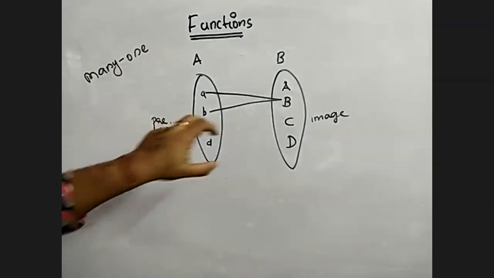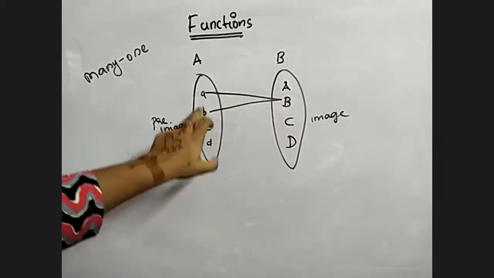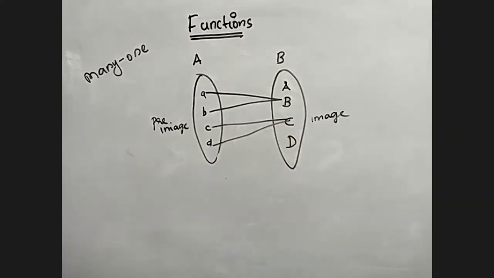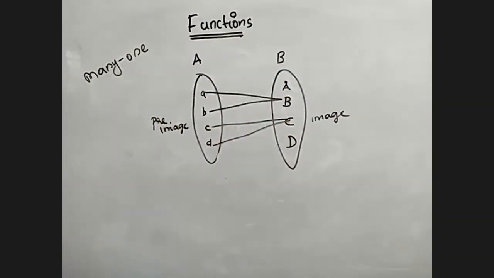So see, a common image is available for A and B, right? A common image is available for C and D. That means for many, one is there. Understood? Such a function is known as many-one function.